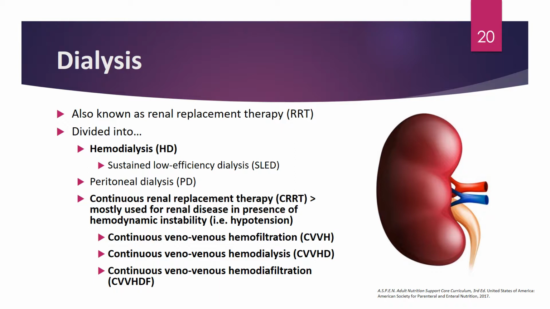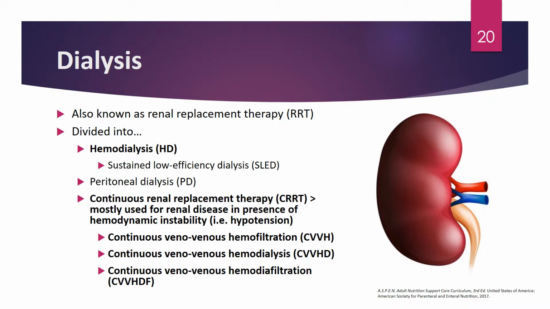Compared to hemodialysis, SLED is just much slower in pulling off fluid. And as a result, you may have less hypotension incidents related to SLED, though you may have some. Not all facilities that are inpatient do SLED. A lot of facilities that you see out there may just do hemodialysis or continuous renal replacement therapy, as we'll talk about in a little bit.